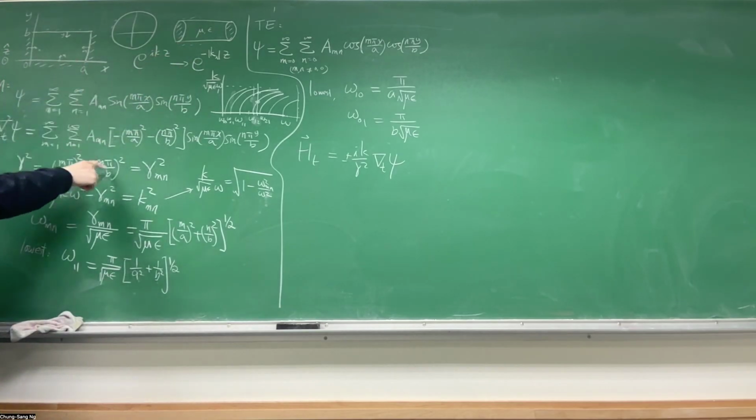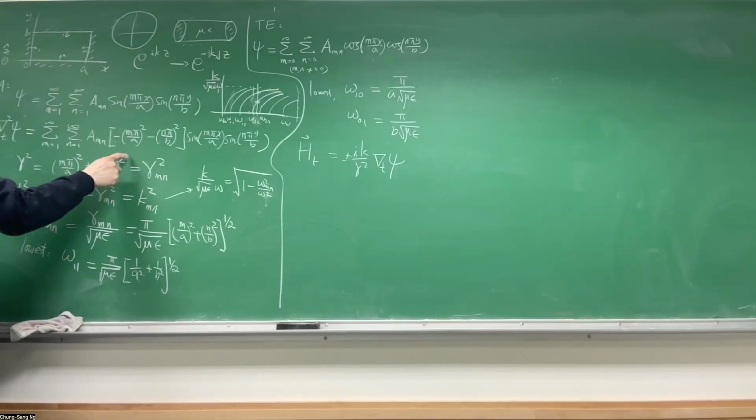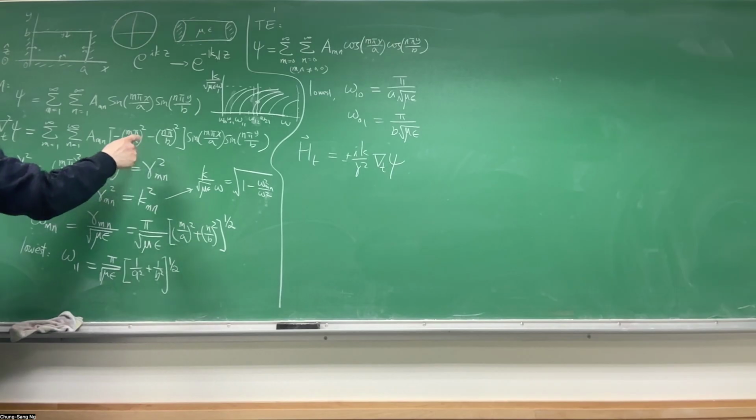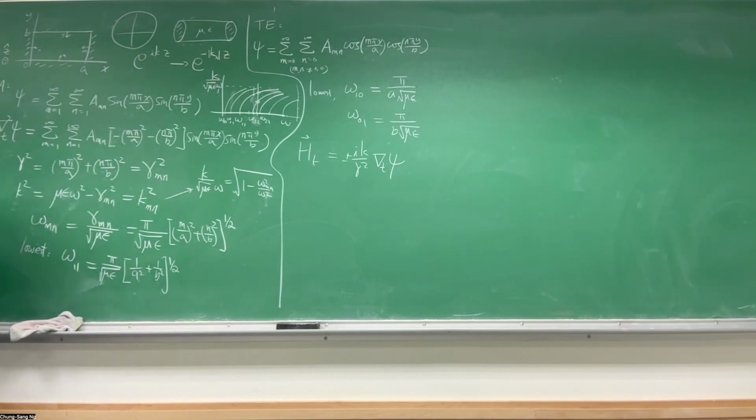And likewise, for this rectangular cross section problem, you can also consider a rectangular resonator, which becomes a cube. That is also easy.